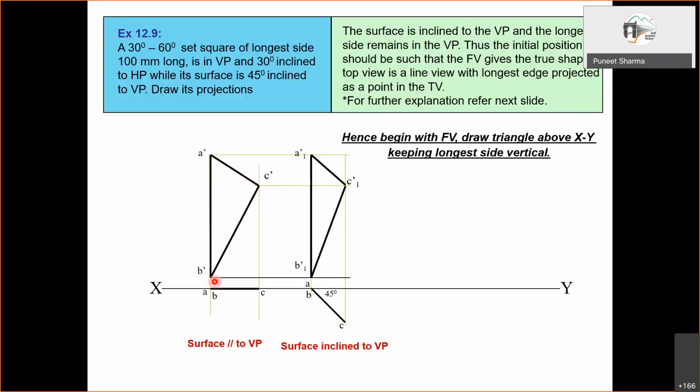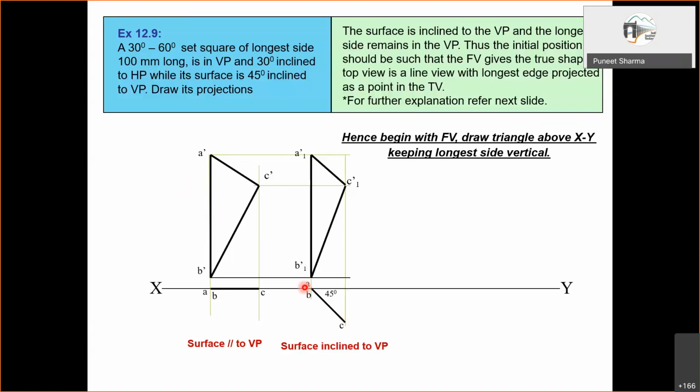A dash B dash is to be kept perpendicular to XY in the first step, so that this gives a point view here. This point view helps us in what? When we want to achieve inclination of the surface of this set square with the vertical plane, we need to have the top view drawn inclined with the XY line.